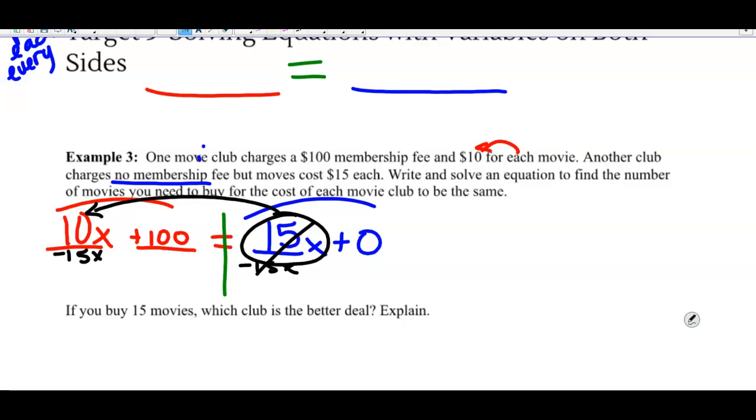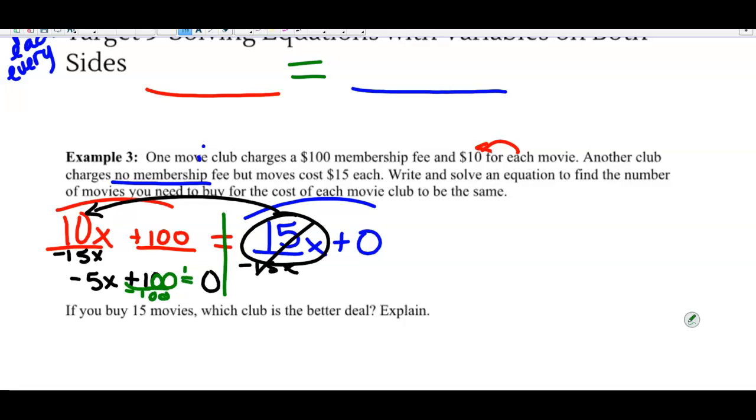So I end up with, and I'm going to rewrite it, 10x minus 15x, that's a negative 5x, plus 100 equals, and then I still have my 0 over here. If I didn't write the 0, I could use 0 as a placeholder. Now I have a two-step equation. That's it. So I get rid of my term that's by itself, plus 100, so I do minus 100. Oops. Sorry. Minus 100.